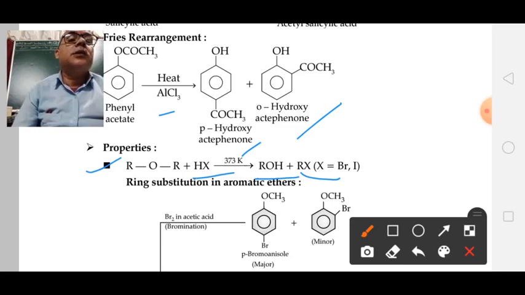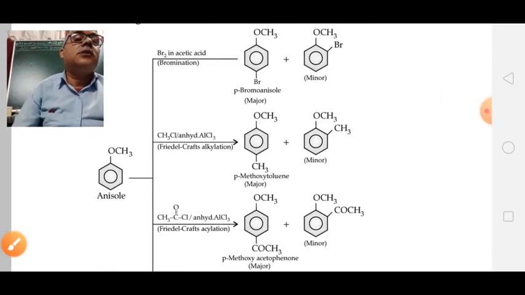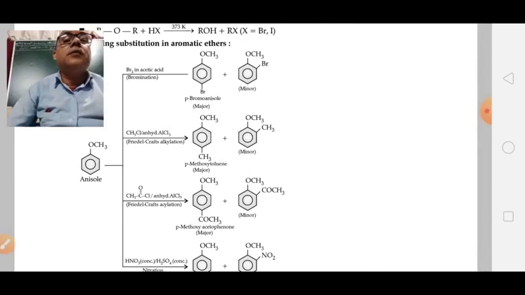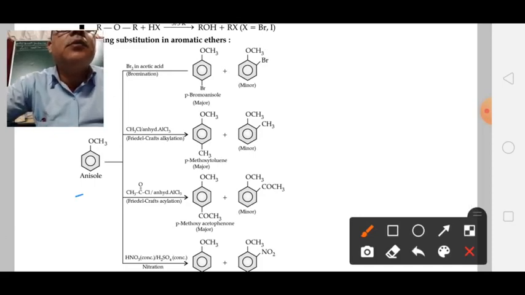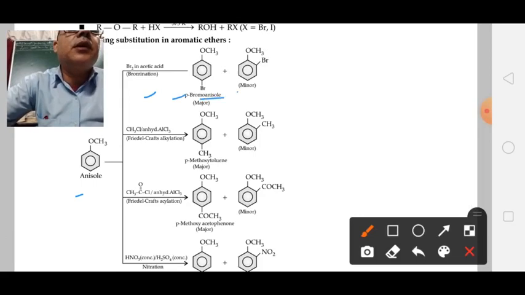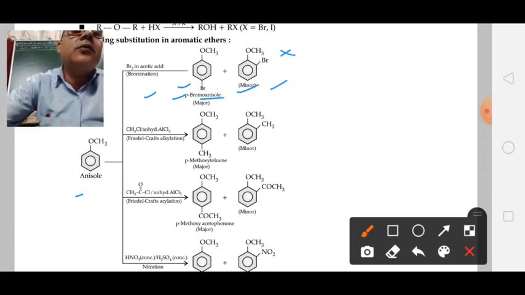Now in the case of the ring, we can see here the property in which anisole reacts with bromine in acetic acid, and the para product and ortho product are obtained. The para product is major because there is no repulsion; here there is repulsion, therefore the ortho product exists in very little amount. Similarly, with alkyl chloride and anhydrous aluminum chloride, Friedel-Crafts alkylation takes place at ortho and para.